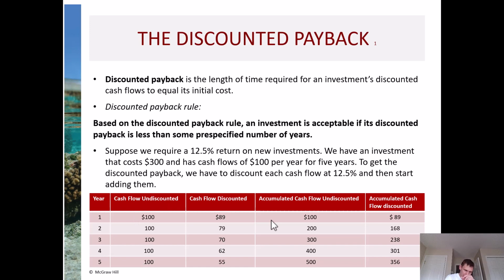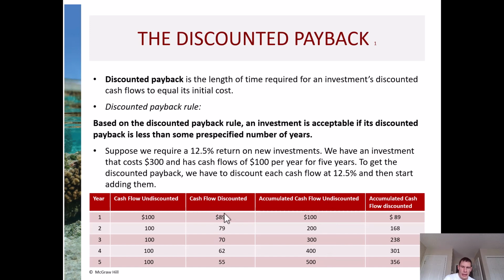So that's what they're doing down here. We've got the undiscounted cash flows, 100, 100, 100. And then based on 12.5%, you've got the discounted amounts here. Obviously, this would technically be 88.5, but it's rounded up to 89. That's fine. And then what they're doing over here is the accumulated cash flow undiscounted, so the 1, the 2, the 3, the 4, the 5.